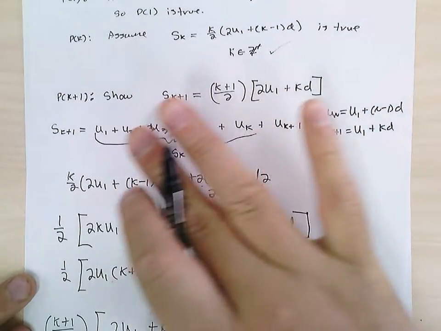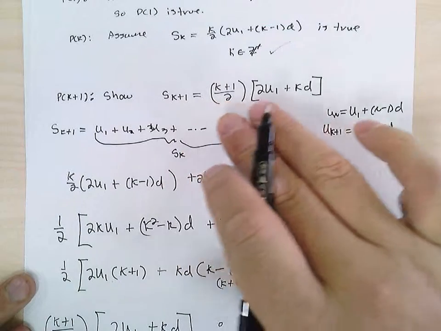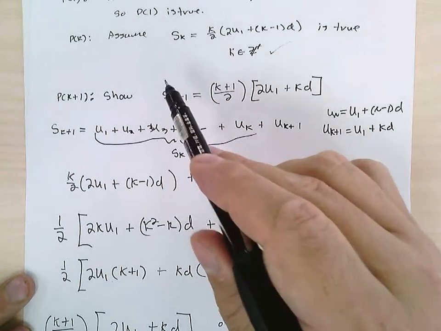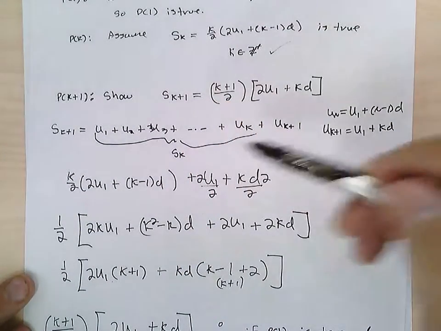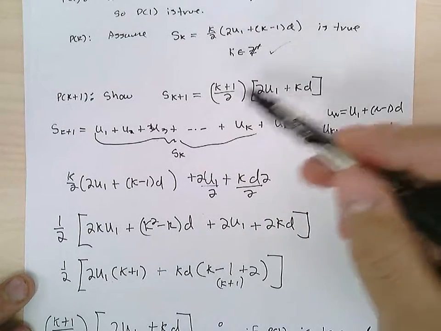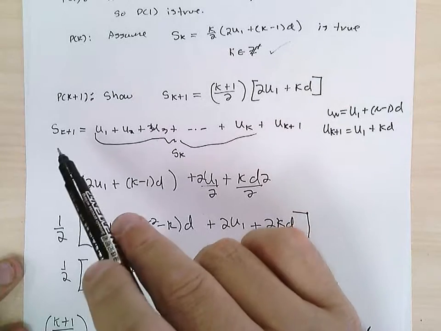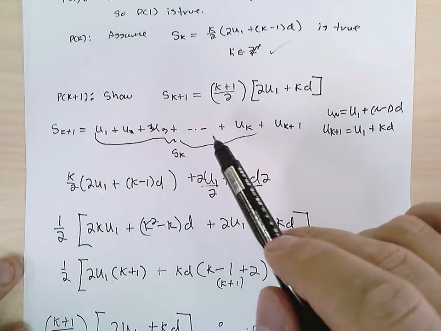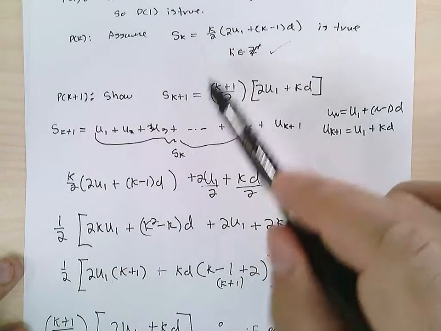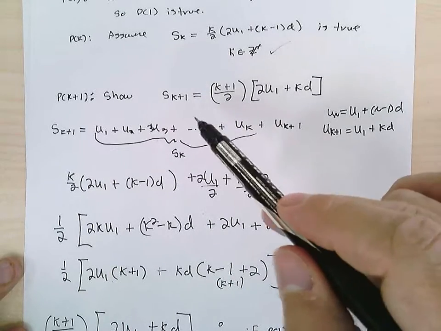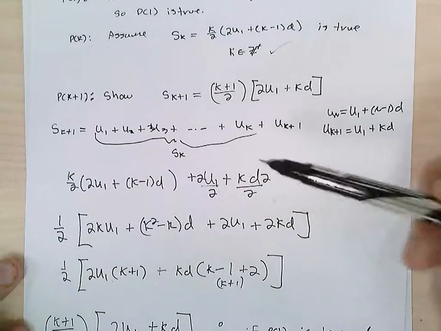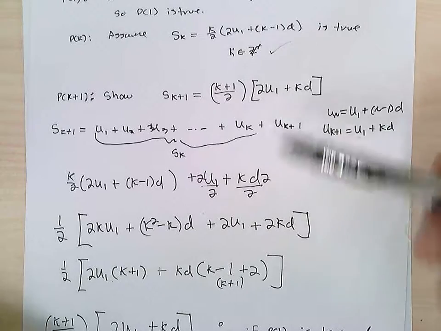Then you set up your k plus 1, making sure to go left hand side to right hand side, not vice versa. Remember, I set this up just solely so I know what I need to work towards. Then I set up my k plus 1 expression, look for something to substitute in, and then I had to also evaluate this. Then it was all algebra, and I looked at this to try to get there.